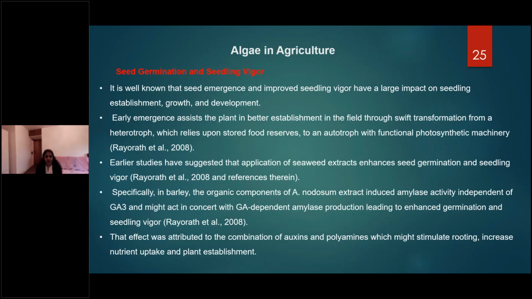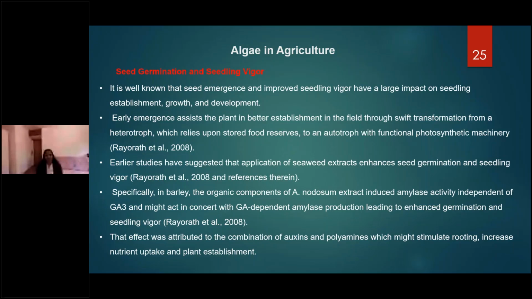That effect was attributed to a combination of auxins and polyamines, which might stimulate rooting, nutrient uptake, and plant establishment. Ascophyllum nodosum extract definitely induces amylase activity independent of GA3 and might act as a GA-dependent amylase production, leading to enhanced germination and seedling vigor. So totally, when you apply seaweed extract to croplands, it definitely helps seed germination and seedling vigor.